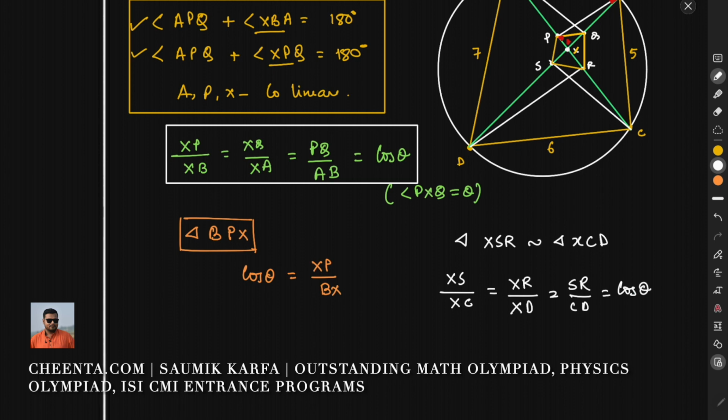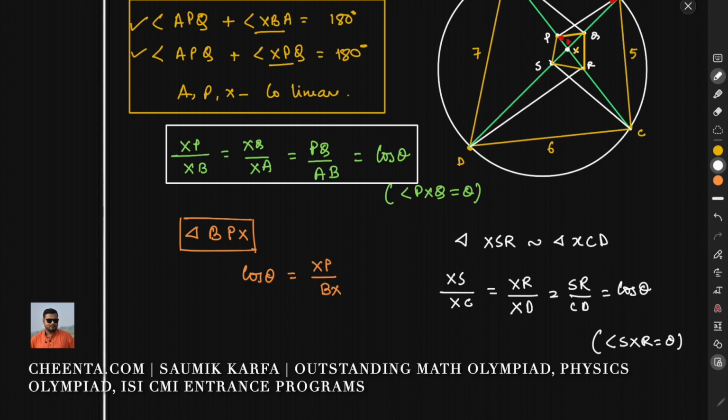Why is that true? Because you see that angle SXR is also theta. Why? Comment down below again. This is very easy to get. This angle is also theta. Now, if this angle is theta, we can again consider a right-angle triangle.